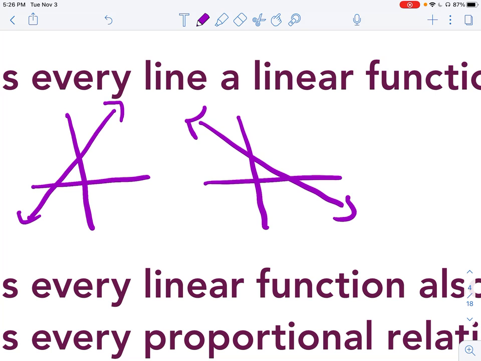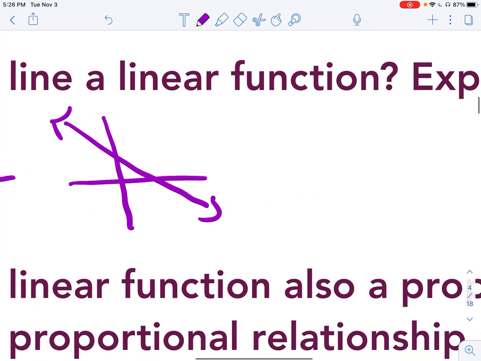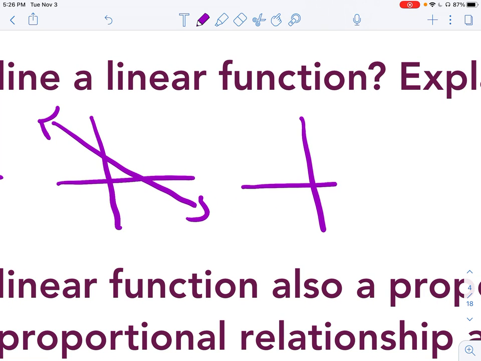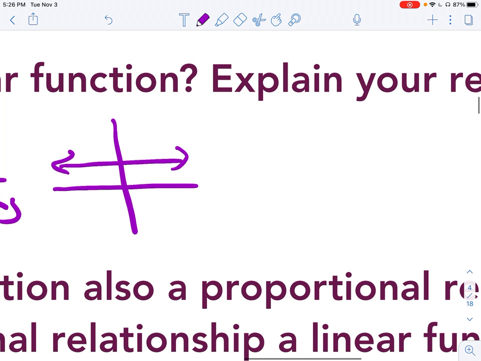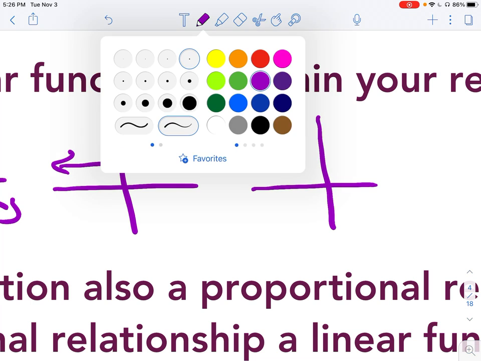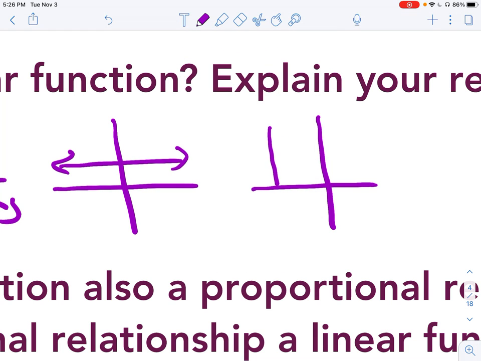Now, if I drew this, would this be a function? Okay, so all of those are functions so far. So let's try one more. What if I drew this? Is that a function? It is not a function.